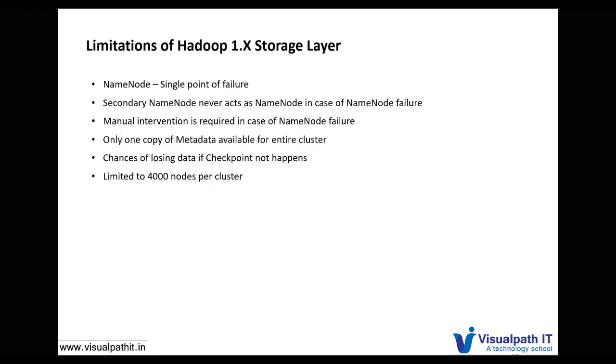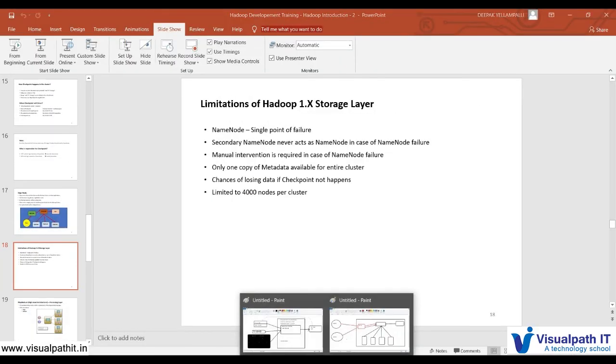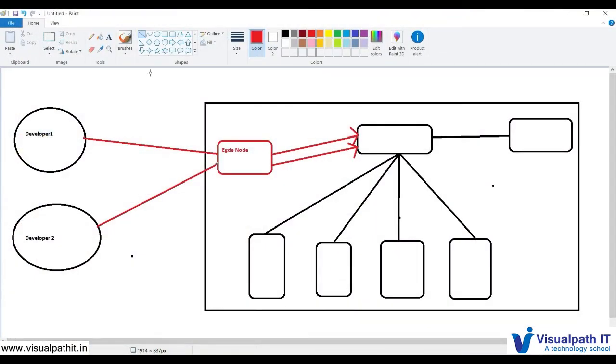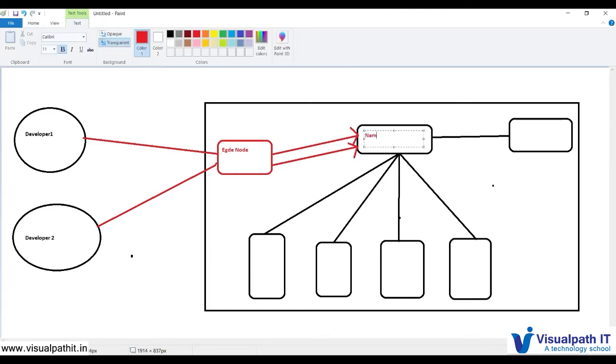Let us move to the next one. Limitations of the Hadoop 1.x storage layer. What are the limitations as of now? In Hadoop 1.x, we have one name node. Let me draw it here.